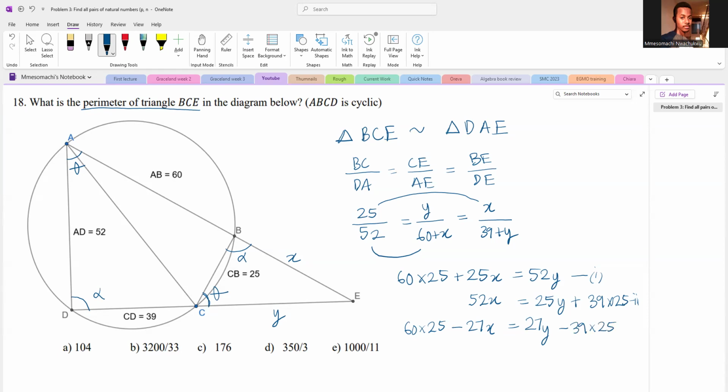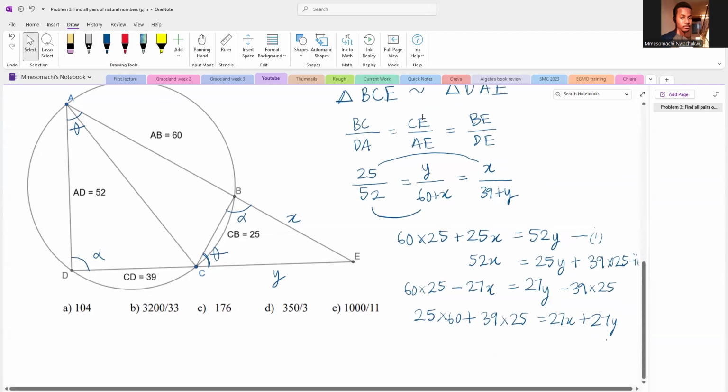Now we can take the variables to one side and constants to the other side. So we'll have 25 times 60 plus 39 times 25 equals 27X plus 27Y.